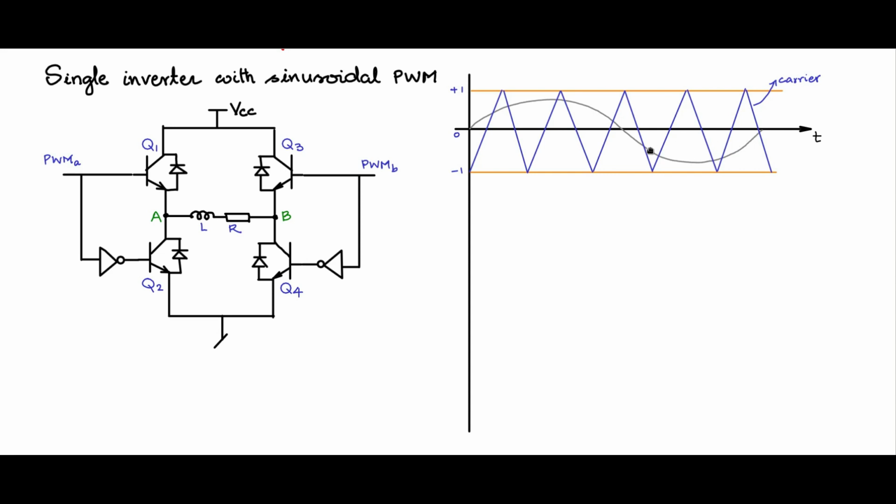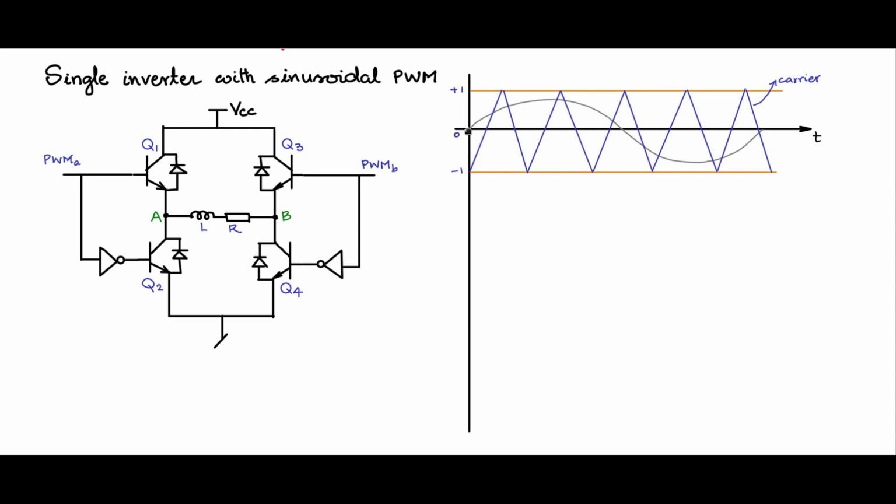So keep that in mind when you are choosing the carrier frequency. If you choose at least 1 kilohertz for a 50 hertz waveform, then it is exactly 20 times. So anything greater than 1 kilohertz is a good choice.